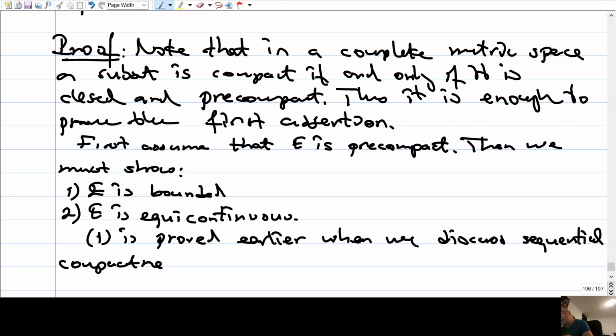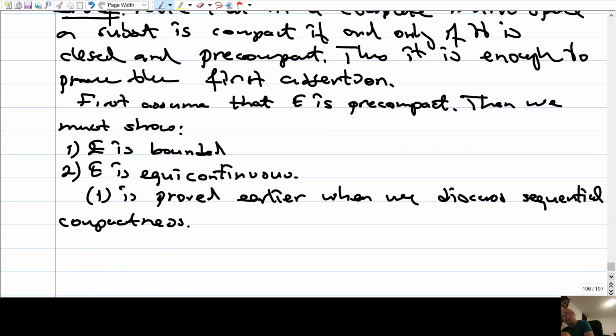So I will omit that. We already proved that. For equicontinuity, we will proceed as follows. So we must prove E is equicontinuous.